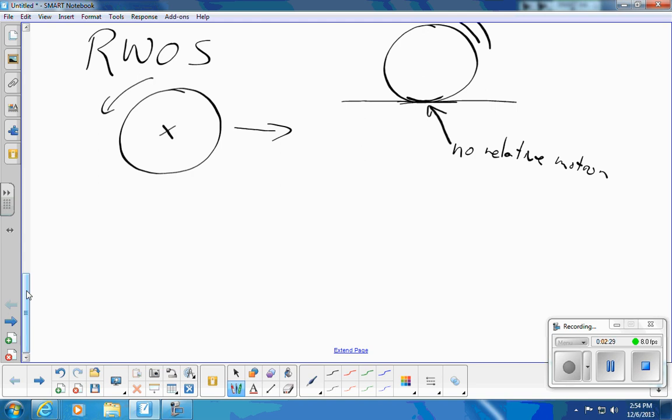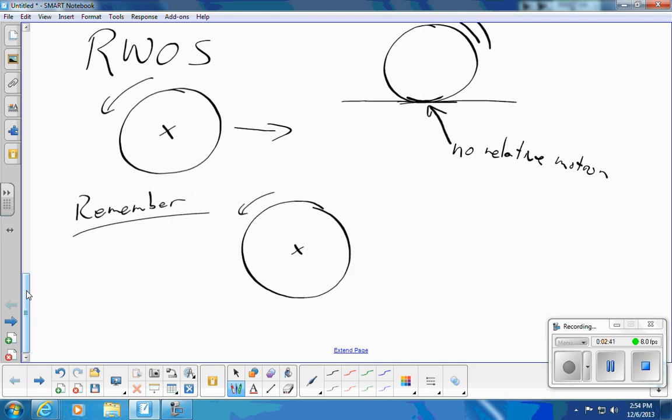For things rotating on a fixed axis, so I say, remember, here is an object rotating on a fixed axis, and looking very much like the one I just drew a second ago. And we have seen two equations that are remarkably similar looking.